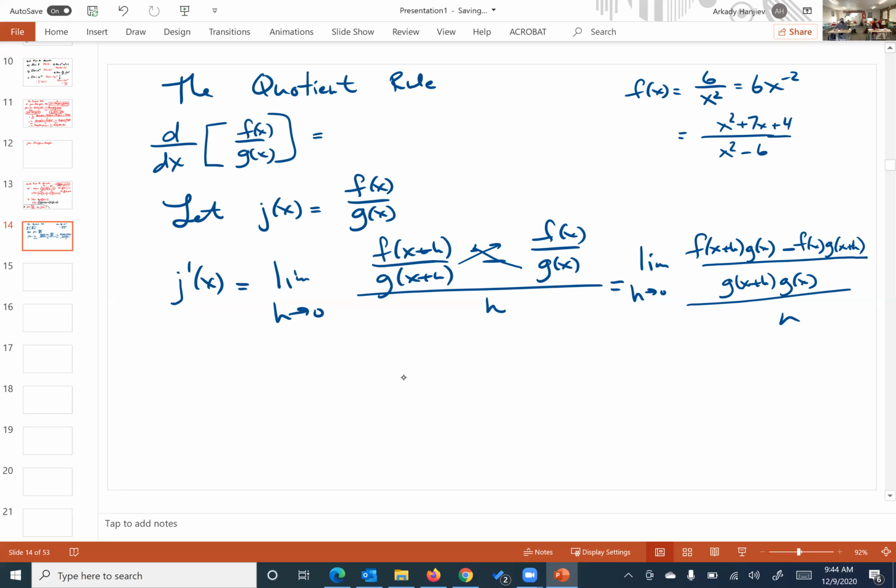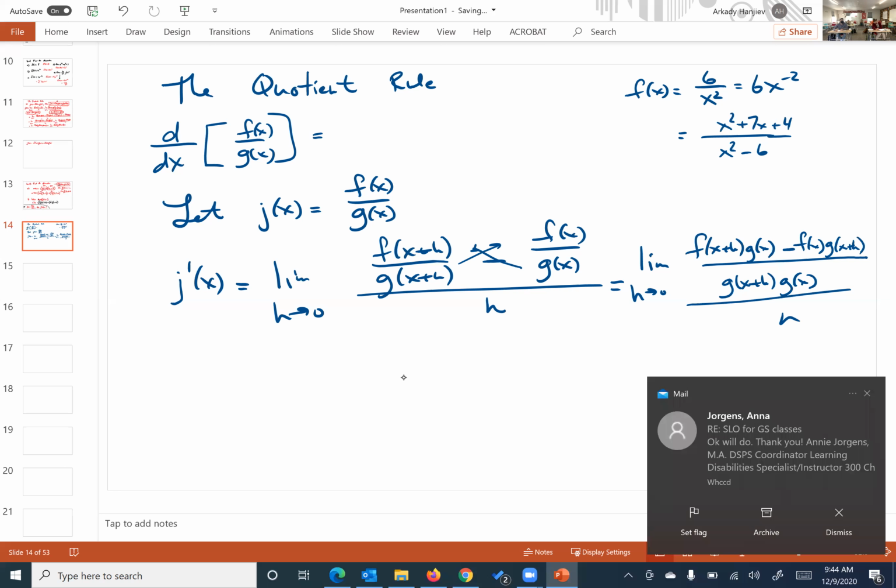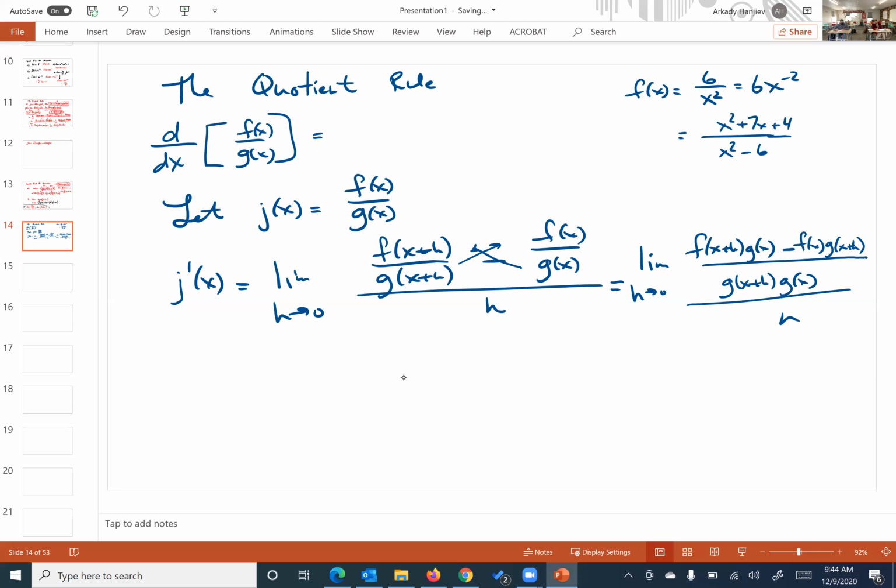You guys tell me if I'm good. Those complex fractions, though. First of all, the denominator is g of x plus h times g of x. And the top is f of x plus h times g of x minus f of x.